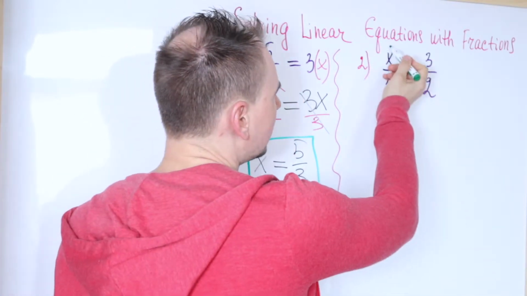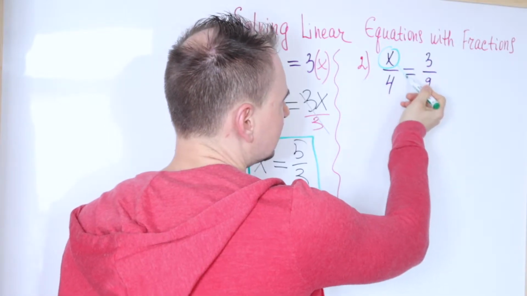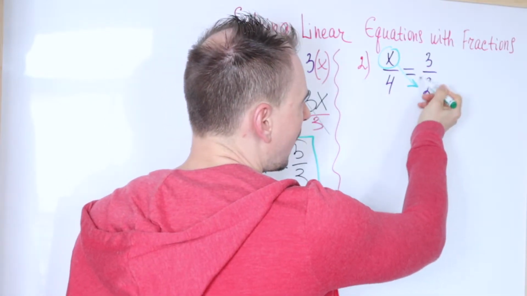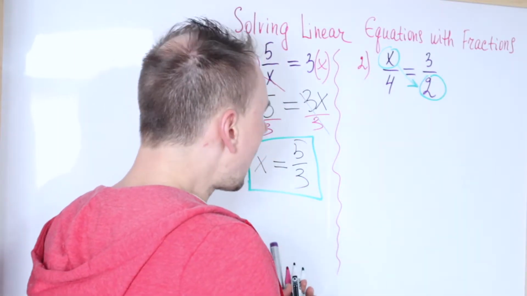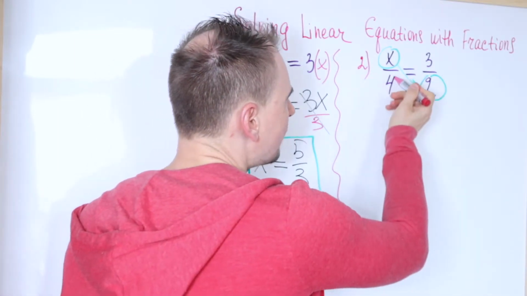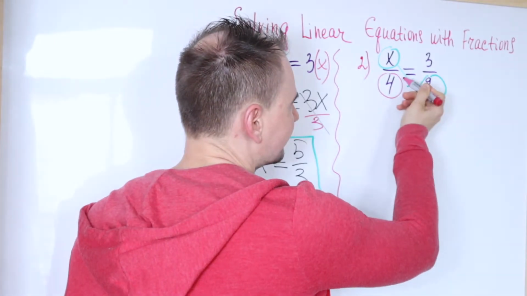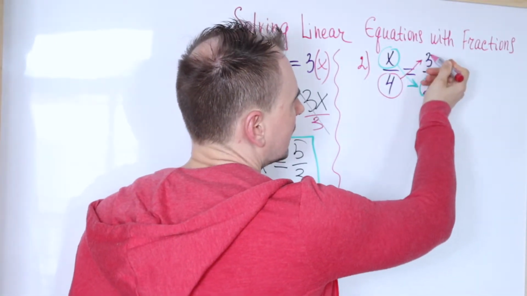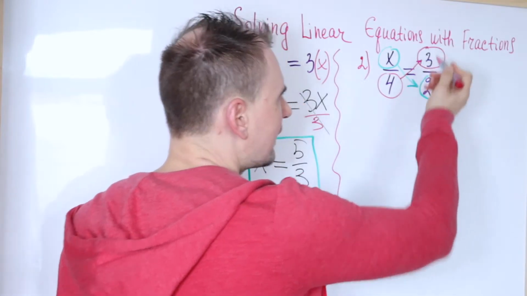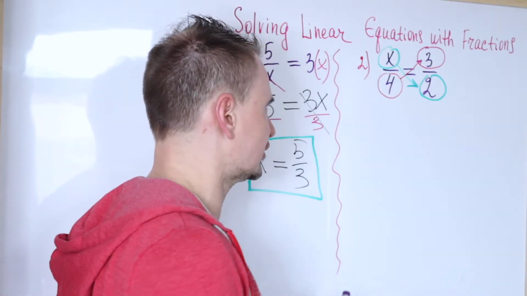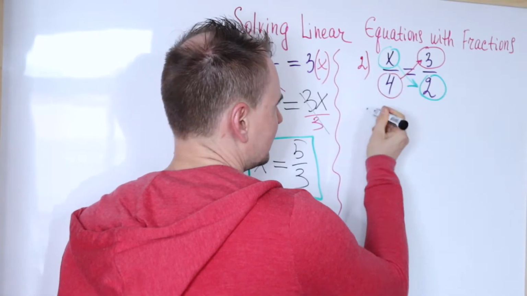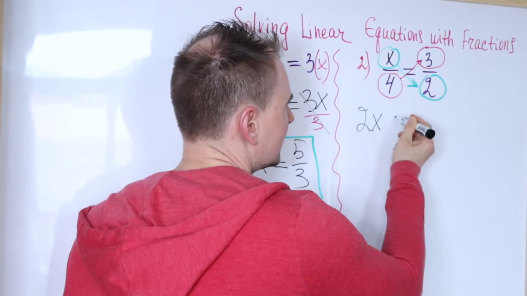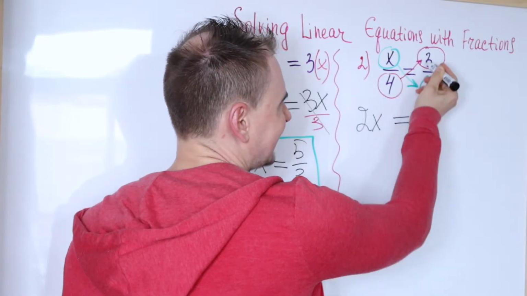Whatever you have on top of your first fraction, you multiply by the bottom of the second fraction. And also, whatever you have on the bottom of the first fraction, you multiply by whatever you have on top of the second fraction. So that becomes x times 2 gives you 2x equals 4 times 3.